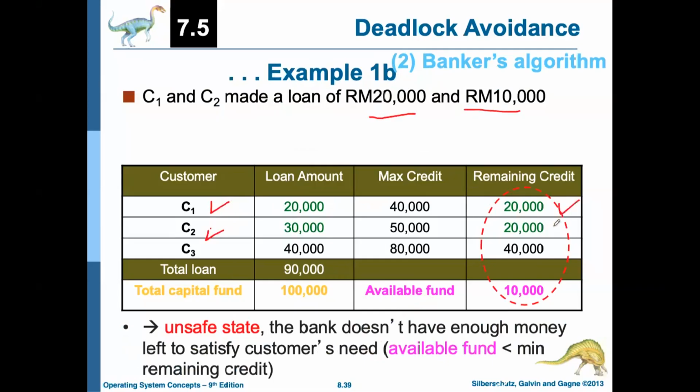Then check the available fund: 10,000 left. Unsafe state: the bank does not have enough money left to satisfy customer needs, because the available fund is less than the minimum remaining credit.